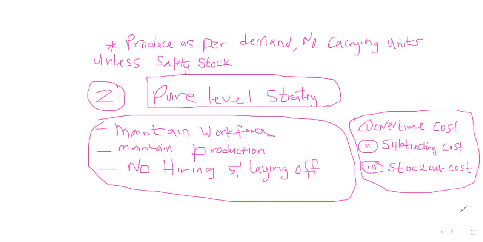All right, so now level production is going to be the summation of demand minus the beginning stock, that is demand minus on hand, over the number of periods.